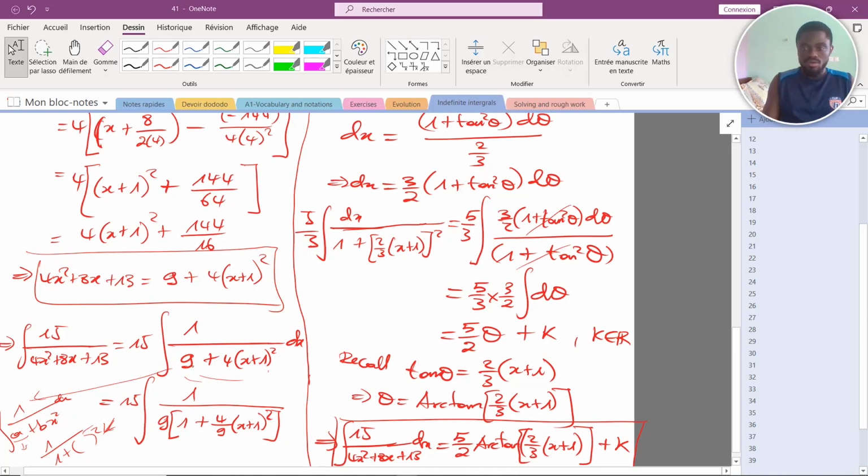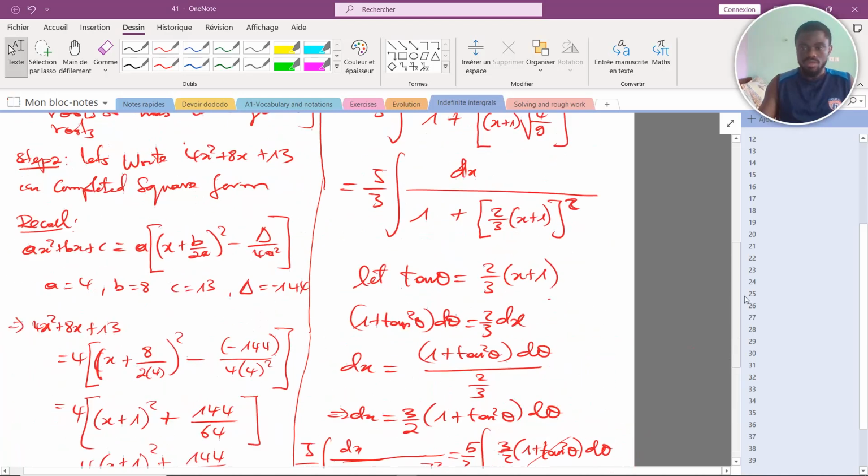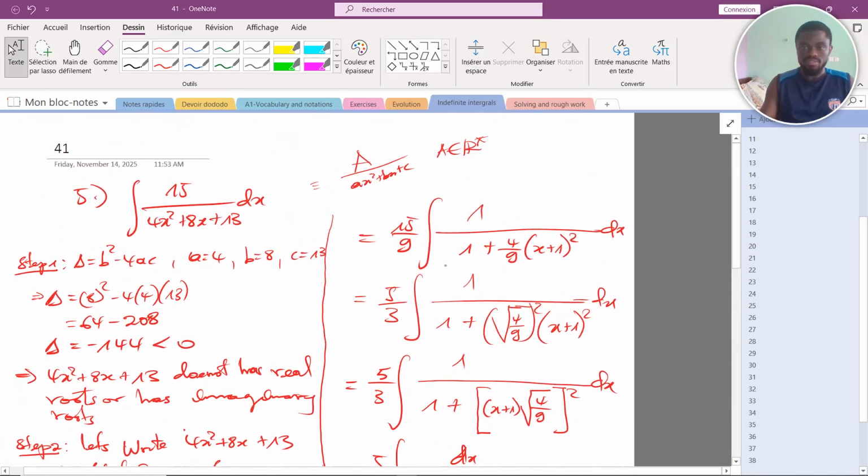So what I did here, the first thing was to bring a 1 here. So I factorized 9. This becomes 1 plus, since there is no 9 here, I have 4 on 9. I write it back. This is what we have. I simplify this, and the next step is to bring all that is outside here inside the square.